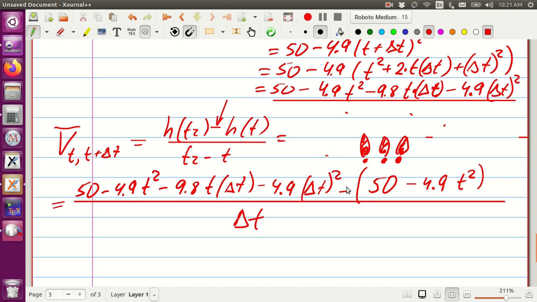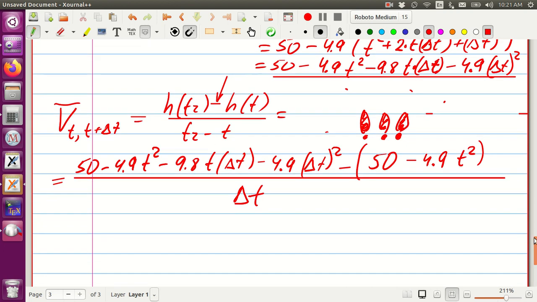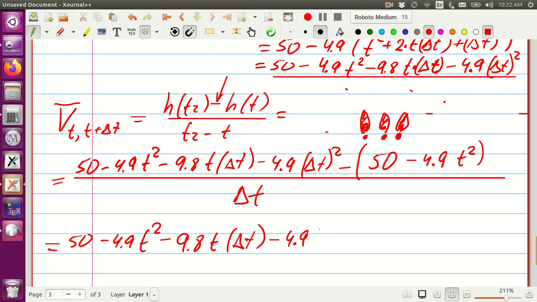Now we distribute this minus through the expression. So we have 50 minus 4.9 t squared minus 9.8 t delta t minus 4.9 delta t squared minus 50 plus 4.9 t squared, and this is where most mistakes are coming from.